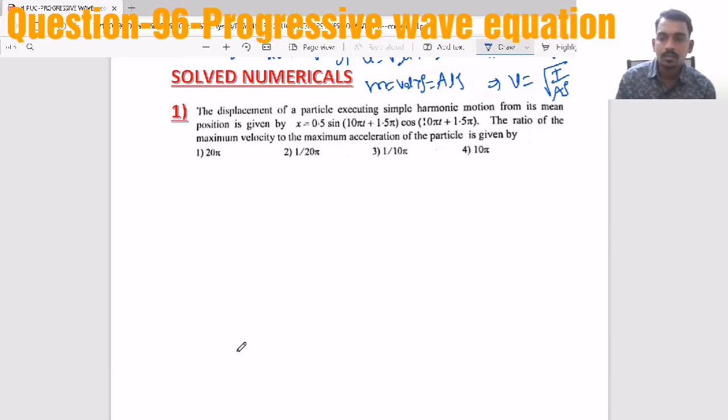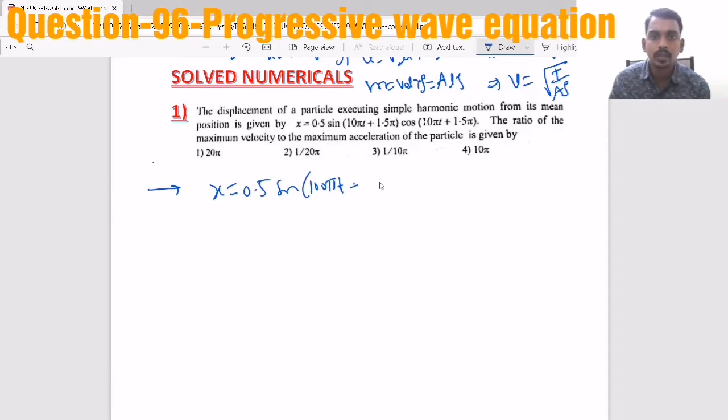Now here we see a few examples. First, the displacement of a particle executing simple harmonic motion from its mean position is given as x equal to 0.5 sine 10 pi t plus 1.5 pi cos 10 pi t plus 1.5 pi.